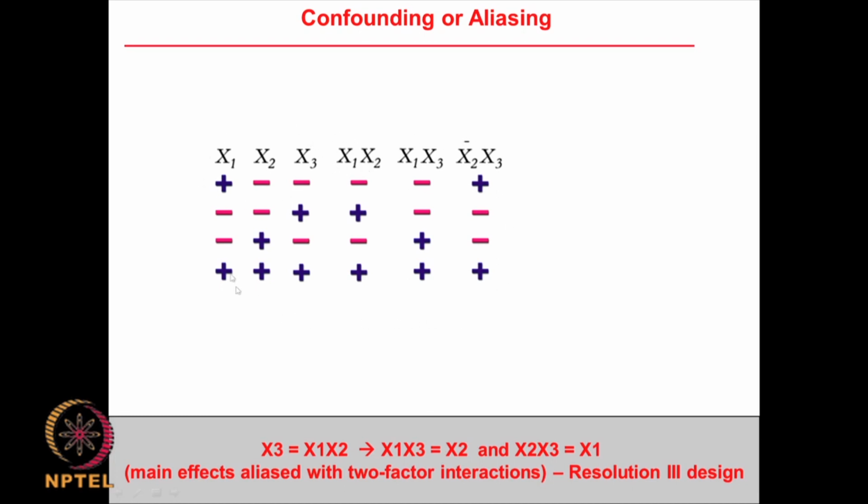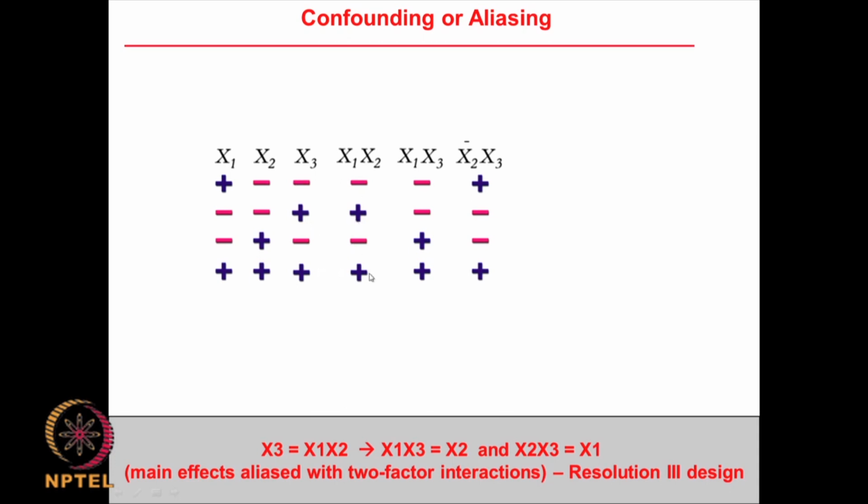It is okay if you can do this experiment, but if there are any changes, you cannot differentiate whether it is because of a main effect or the 2-way interactions. Do you understand? For example, suppose this is temperature, this is pH, this is carbon amount. If I see a change in the yield because of carbon amount, I cannot say whether it is because of the carbon amount or because of the 2 factor interaction, that is temperature versus pH, because they are aliased, there is a confounding.